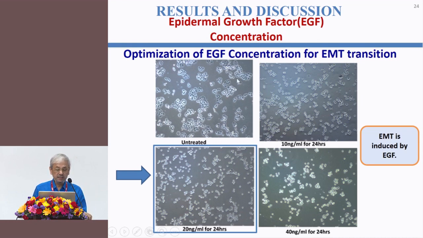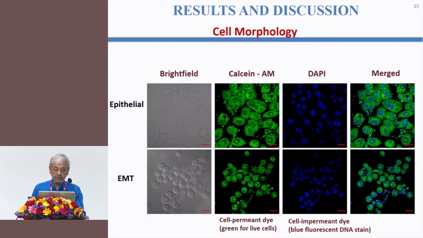The epithelial cells have a square or rectangular cross section, you can see, and we used about 20 nanogram per milliliter EGF, and finally 40 nanogram per milliliter, and after 24 hours, these are all round cells, which indicates visually that these are mesenchymal cells, but we have to test it.